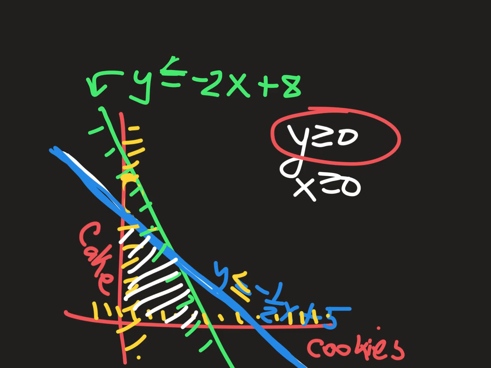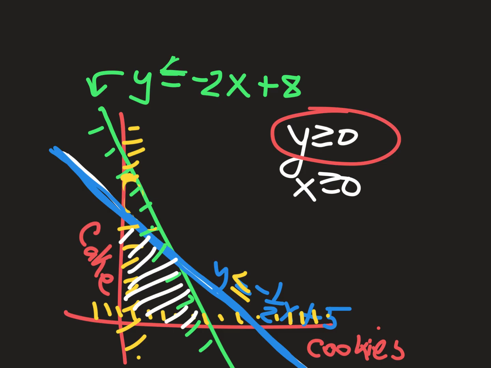Almost everybody gets the right feasible region. They mess up the next part. They either mess up where the corners are, or they don't know how to figure out what one of the corners of it is. Or, once they do figure out the corners, they get tempted to use something that's not feasible.